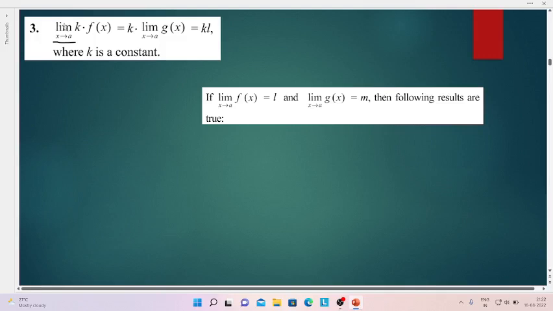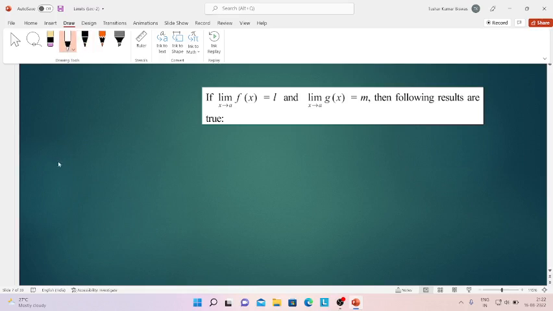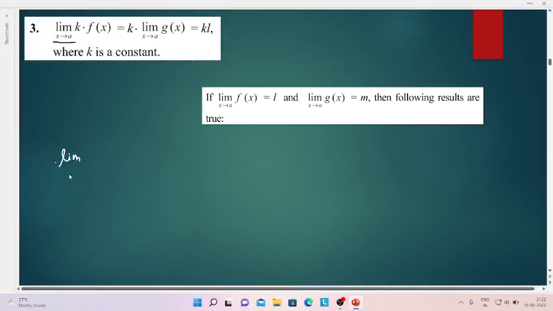So the result is the limit as x tends to a of k times f(x). We are just multiplying the function with a constant term, right? So that will become k times the limit as x tends to a of f(x).